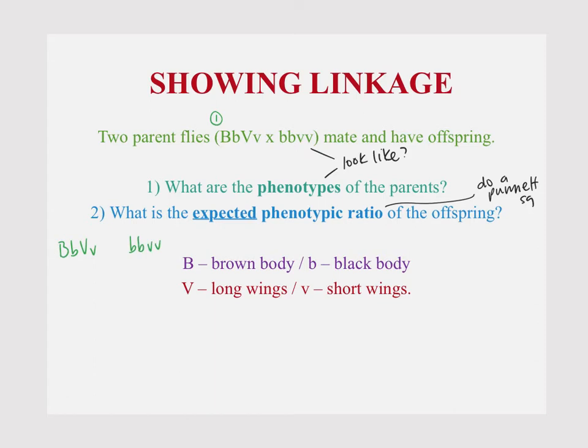And we can see there that parent 1 is heterozygous for both traits, and for that reason we know that they are going to be brown body and long wings. Conversely, the second parent is homozygous recessive for both traits, and for that reason they are going to have a black body and short wings.